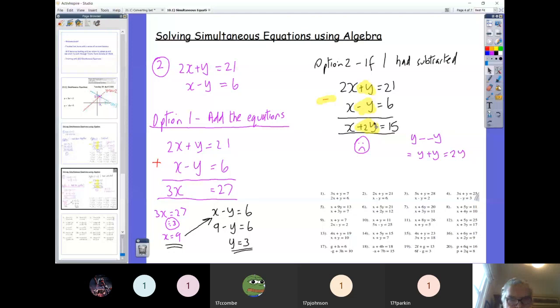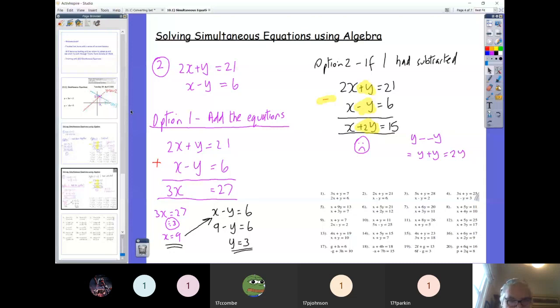Now, looking at this one here, we are going to be focusing on the y's to be eliminated because there's only a single y. Okay, there's a plus y and a minus y, it doesn't matter. There's just a single y. So we're focusing on eliminating the y's. Now, because the signs are different, the way you go and eliminate the y's is to add them together.